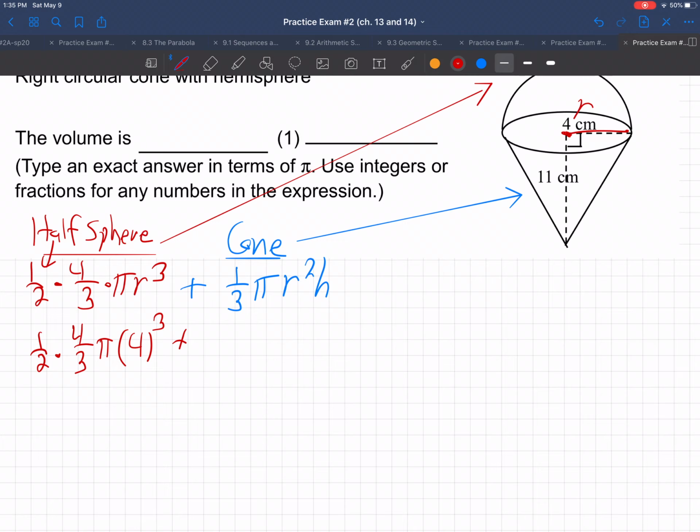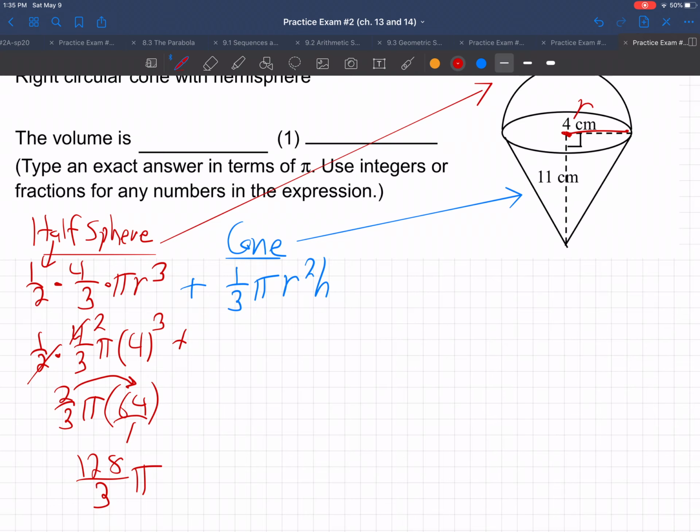We're dealing with fractions here, so we can cross cancel those fractions. 2 goes into 4 2 times, so we get 2/3 pi. 4 cubed, 4 times 4 is 16 times 4 is 64. And then this is over 1, so the 2 multiplies the 64 on the top to be 128 over 3 pi.